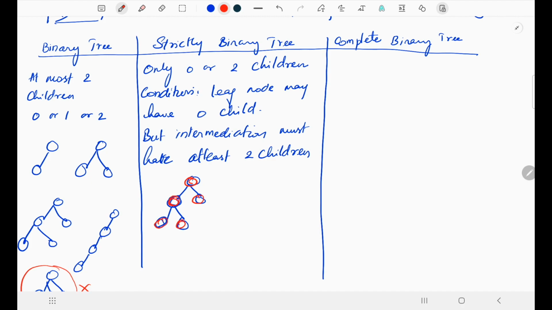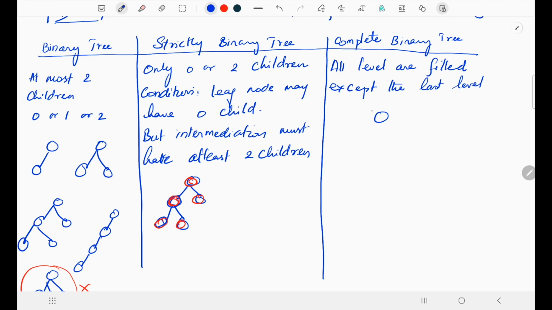Then the third one, complete binary tree. A complete binary tree is one where all levels must be filled except the last level. So this is the 0th level, first level.